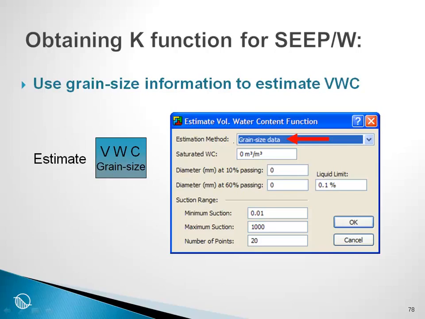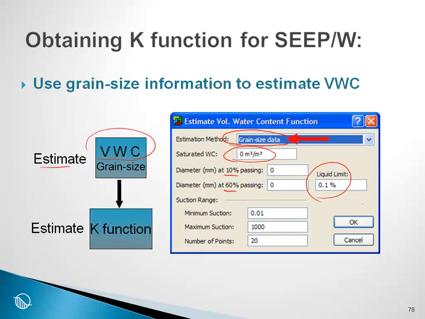You can select an estimation type that's called grain size data, and we can then estimate the volumetric water content function, and we then need to specify the porosity or the saturated water content, and then we specify the diameter in millimeters of the 10% passing and the 60% passing, and we specify a liquid limit here, and from that we can estimate the volumetric water content function, and then once we know the volumetric water content function, we once again can estimate the conductivity function.